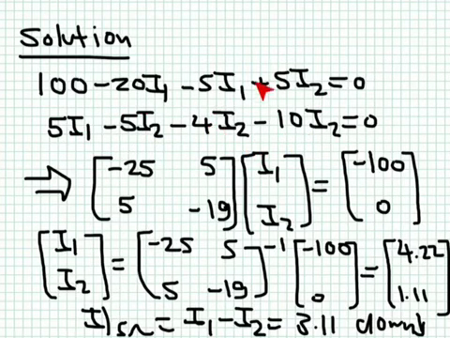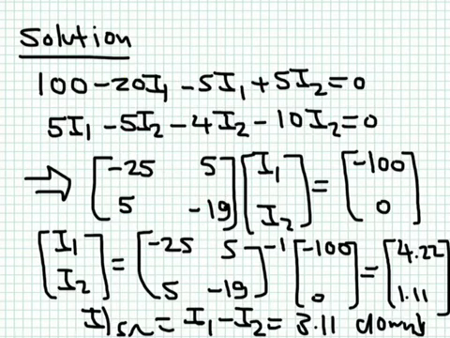We assemble all the I1 components here. This will give us minus 25 and this one will give us 5. 100 will be moved to the other side to become minus 100. We assemble all the I2 components here, 10, 4 and 5 give us minus 19. The I1 is multiplied by 5 here and this is equal to 0.